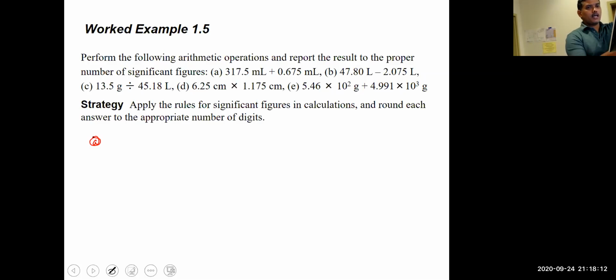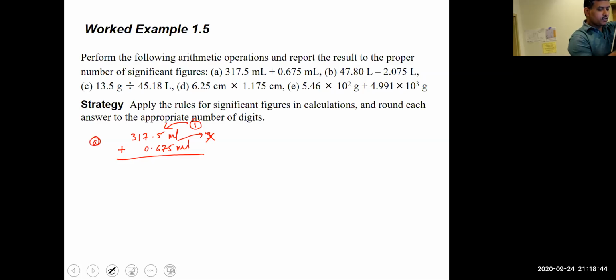Now if I do the calculation here, it will be 317.5 ml plus 0.675 ml. In here, this is where I'm going to pay attention because it only has one decimal place, whereas here I have 3 decimal places. I don't need this information. So I need to make sure my answer only has 1 decimal place.